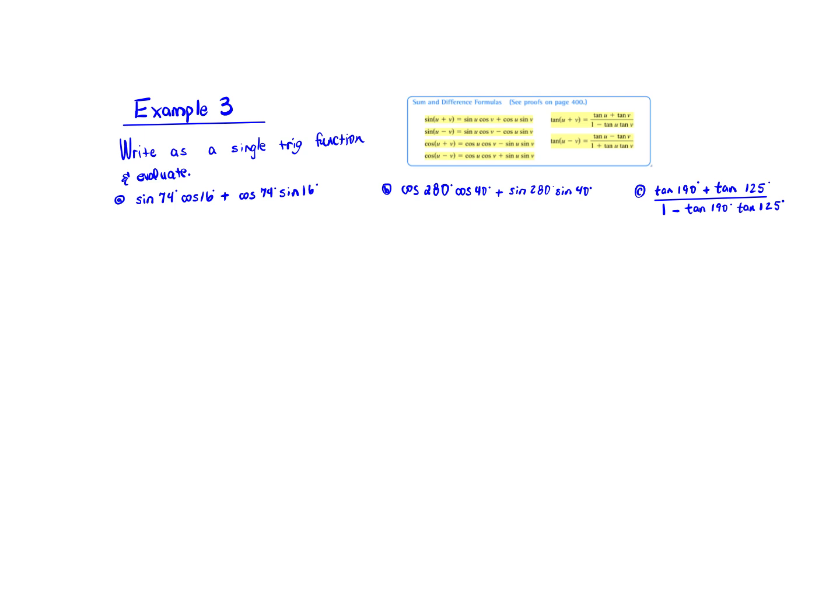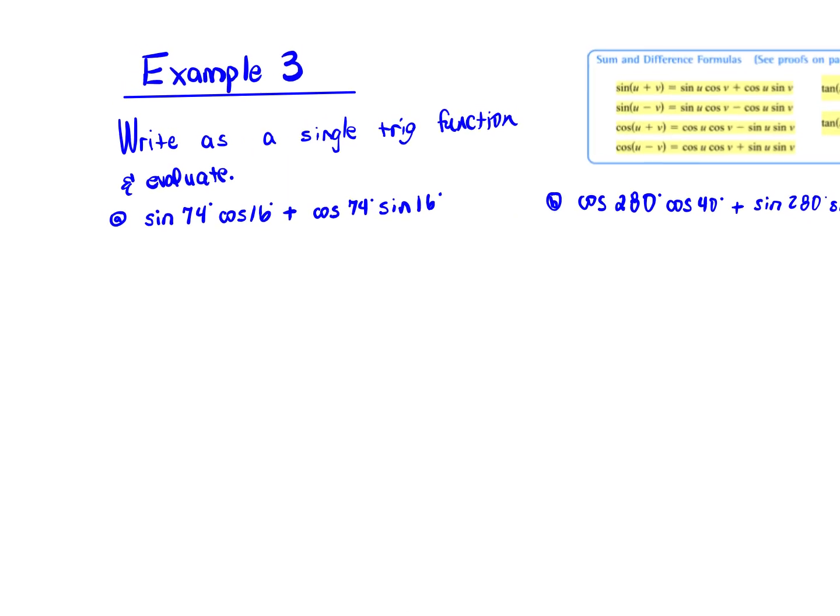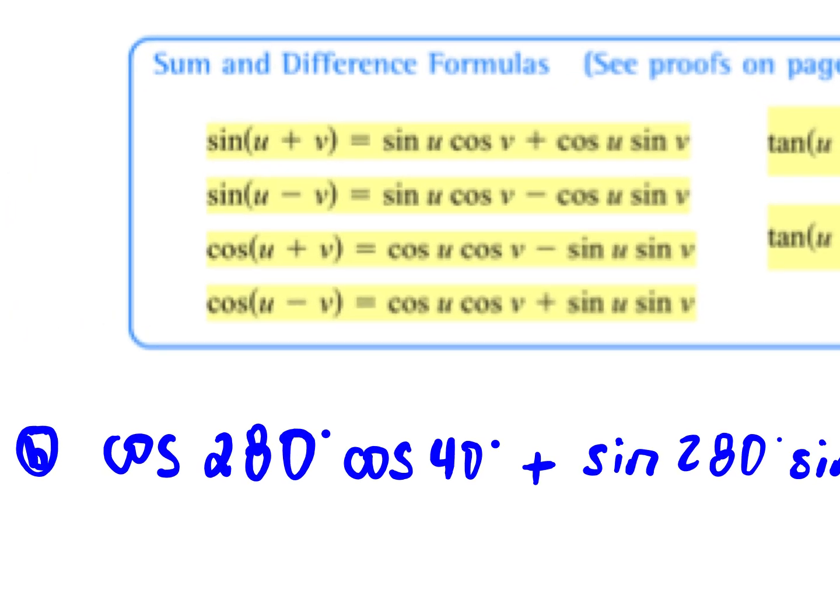It says to write as a single trig function and evaluate. So we're kind of doing the same thing we just did in example 1, but backwards. Here we want to look at the right side of our formulas and see which one it matches, and then we're going to use the left side. So which of our formulas goes sine times cosine with a plus sign in the middle? The first one.